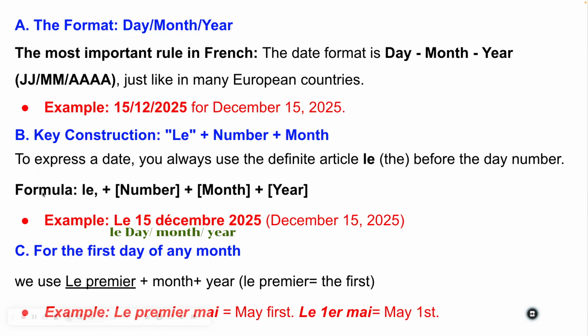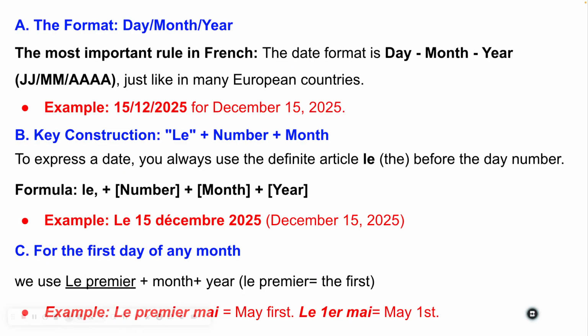So here is the formula: le, and then number, month, and year. And voilà l'exemple. Here's the example: le 15 décembre 2025, which is December 15th, 2025.